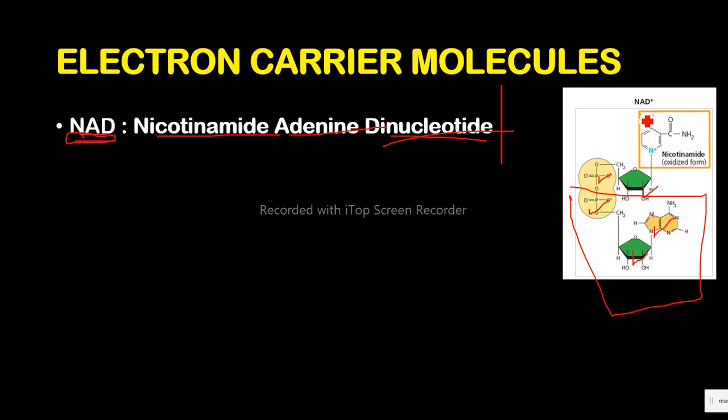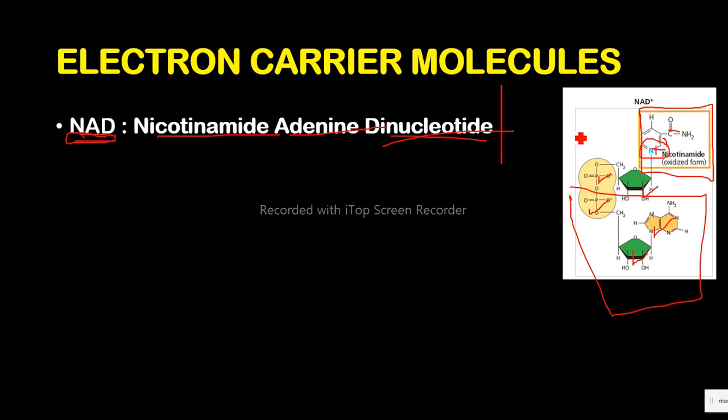In this case, the base is nicotinamide. It is this base that has the active center, and it's this nitrogen that will accept the electron and release the electron to form those two different forms, the oxidized form and the reduced form.